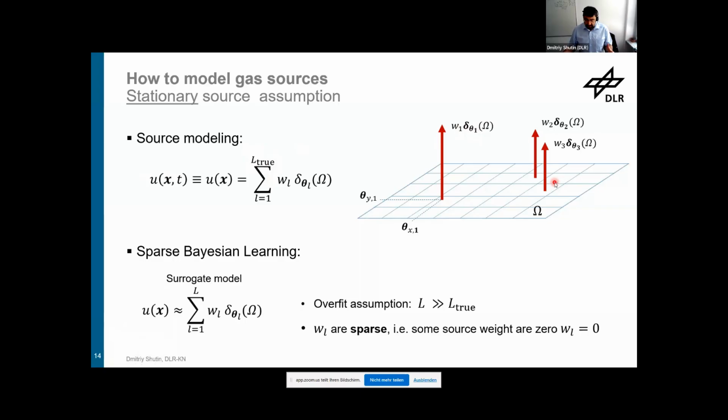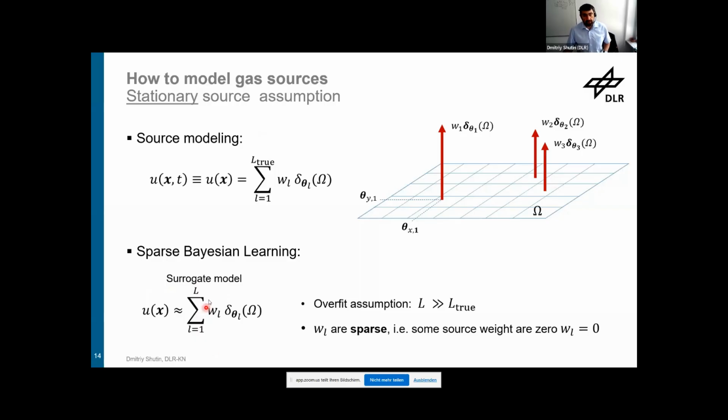The method that we have developed, which utilizes sparse Bayesian learning in order to address this problem of not knowing how many sources I have, is essentially to use a surrogate model.